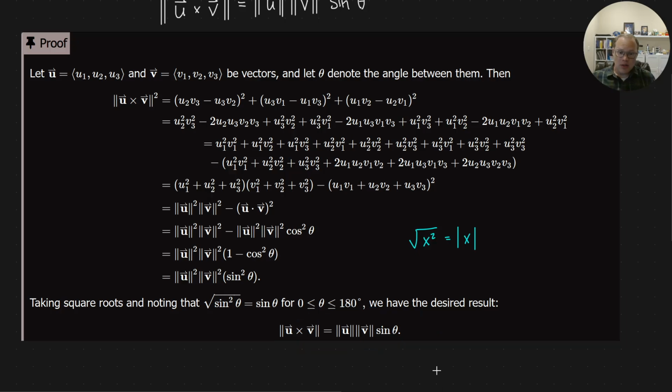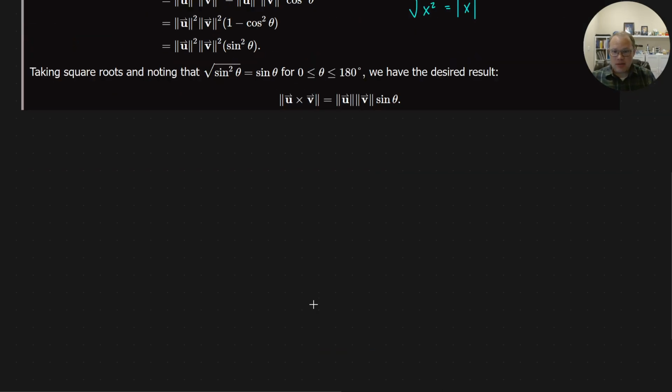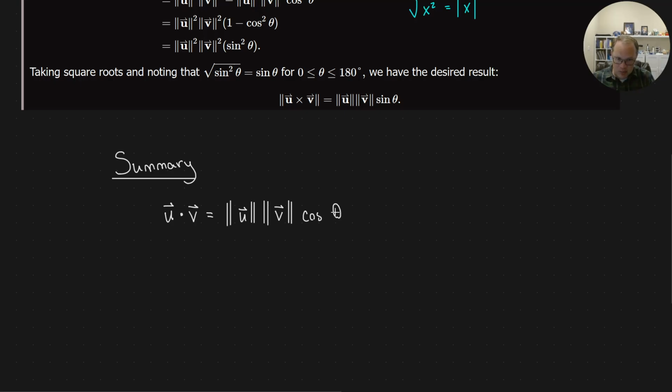Okay? So let's summarize. We learned in the previous section that if we take the dot product of two vectors, we get norm of u, norm of v, cosine of theta, where theta is the angle between them.